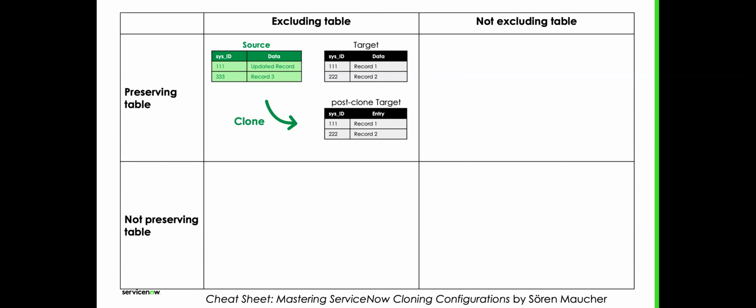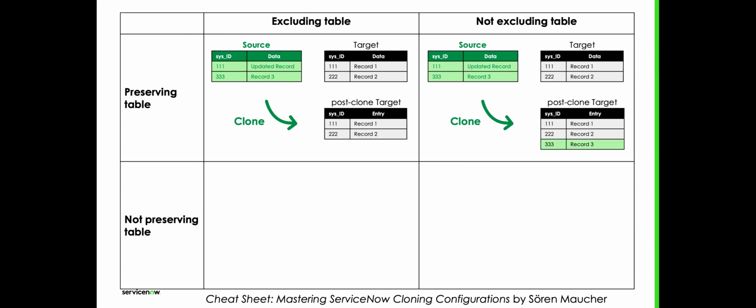What happens if you're preserving but not excluding the table? If you choose to do this, you are keeping all your records on your target instance, but you're also copying over records from your source. And here we have a little detail.